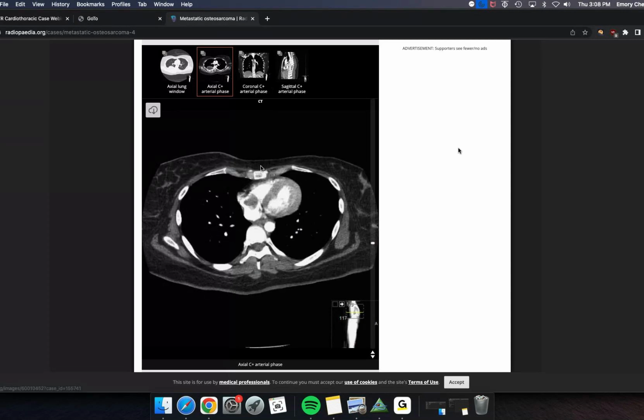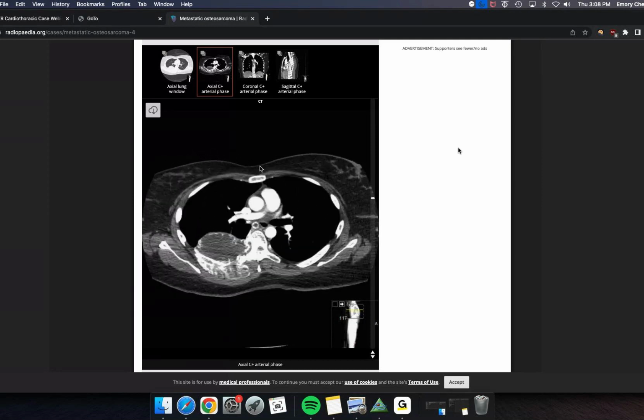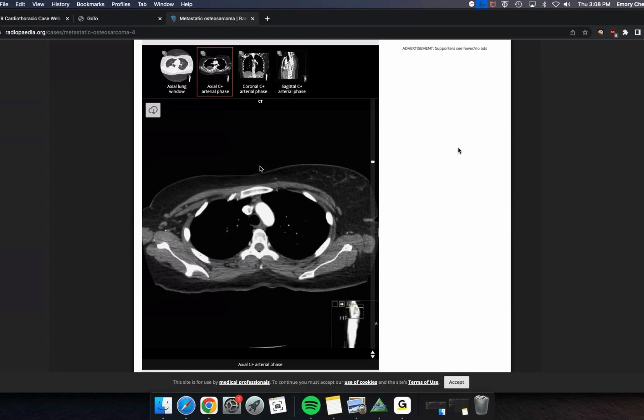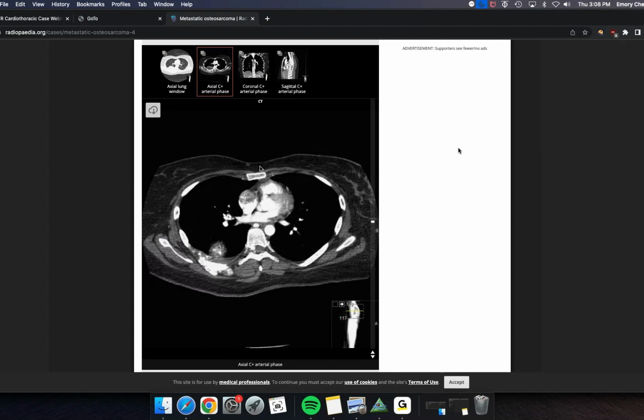Ooh. So it looks like that's the metastasis from the femur. Yeah. Interesting. It looks bigger than the femoral lesion. Yeah.